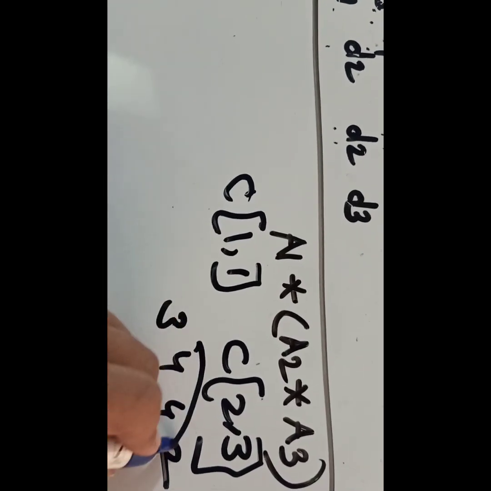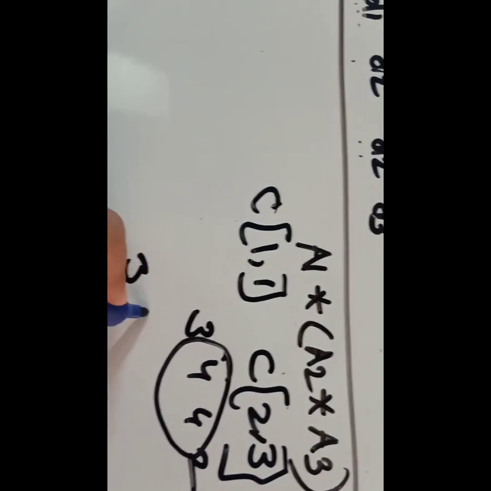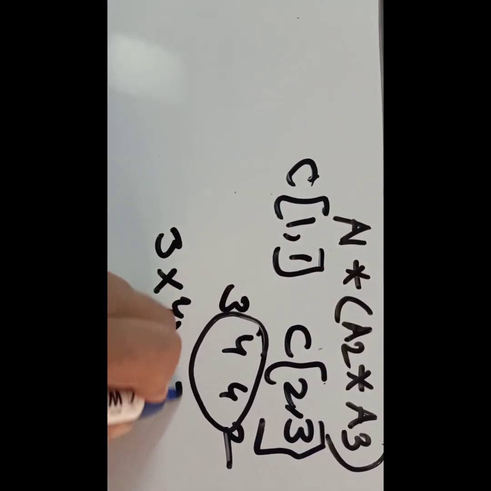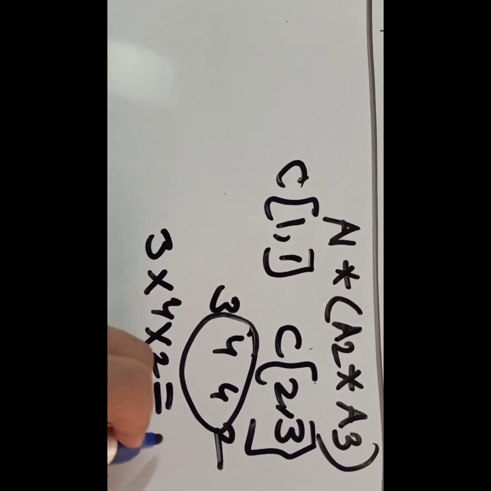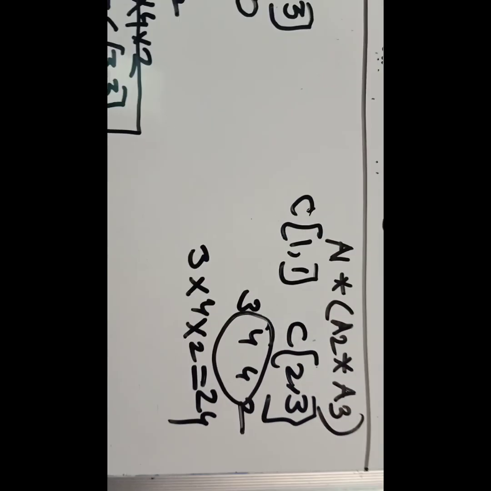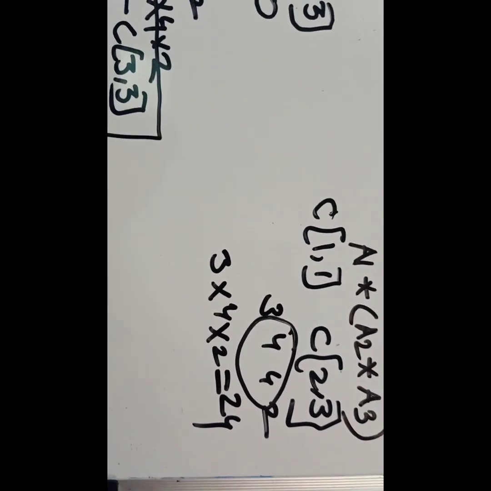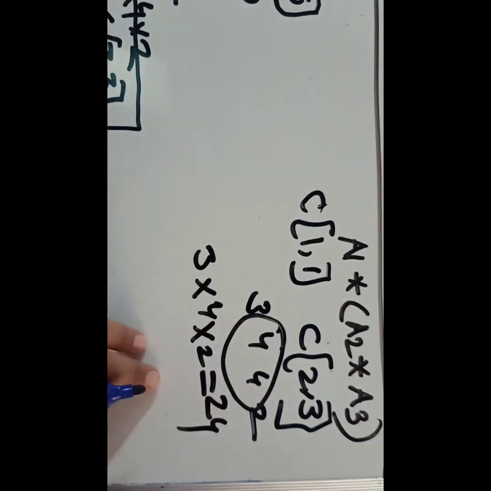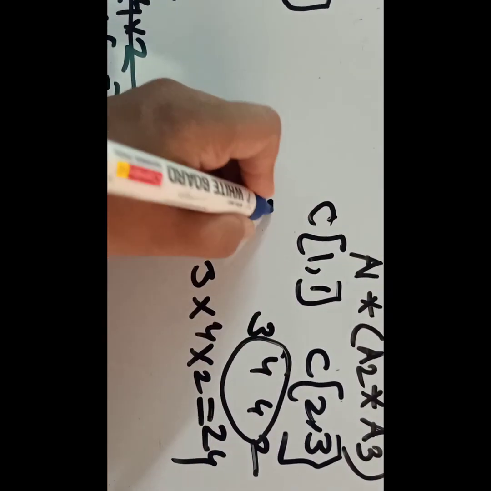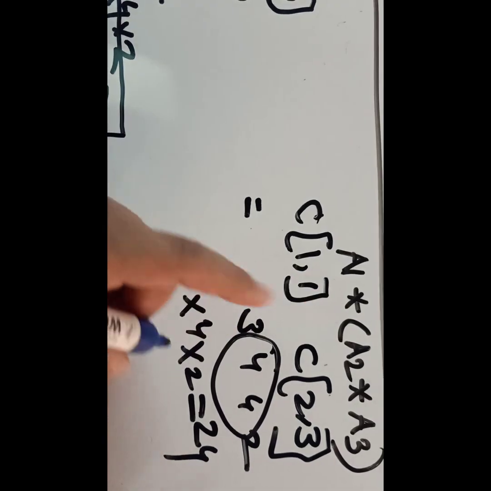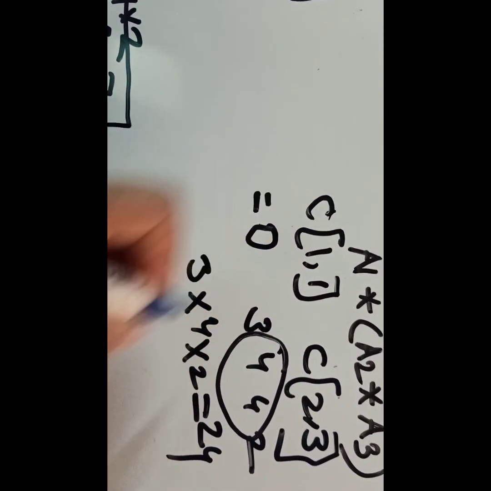So again we are taking 4 common here. It will be 3 into 4 into 2. So again it is 24. We have already had the result of 24. So C of 2, 3 equals 24. C of 1, 1, it is only one matrix, so it will be 0.